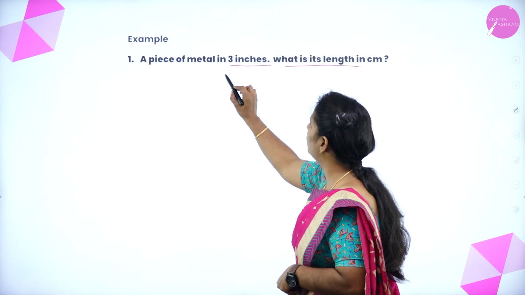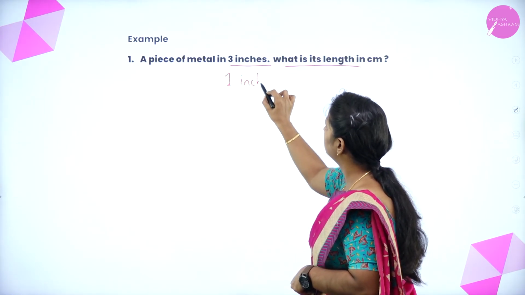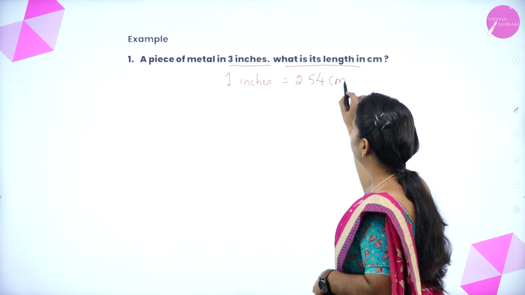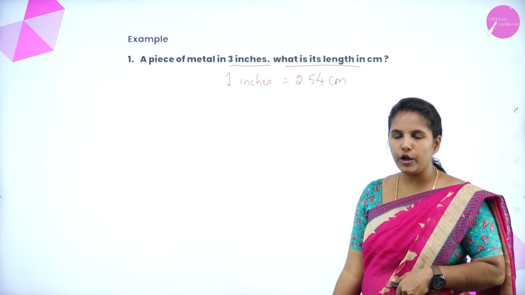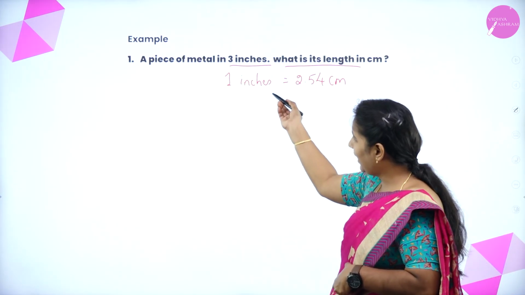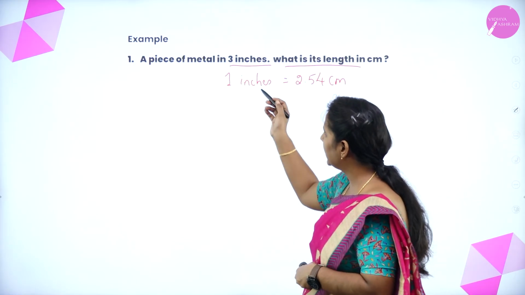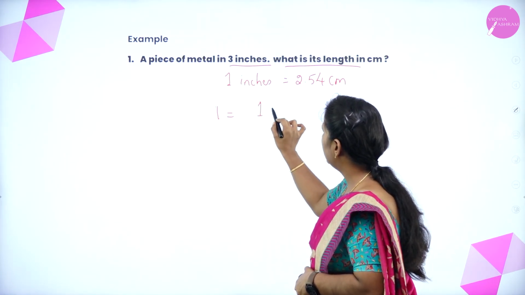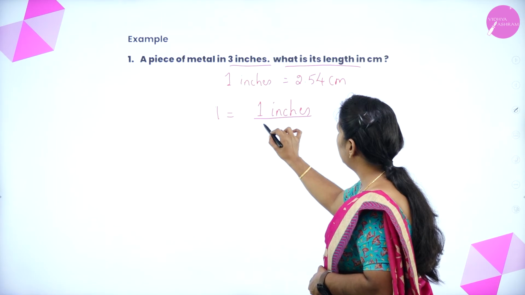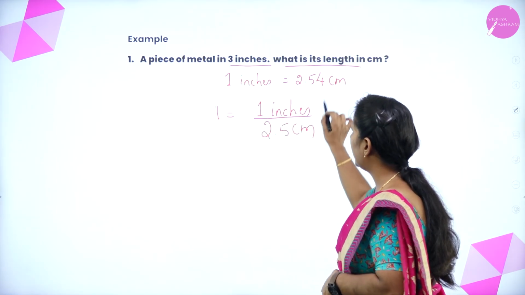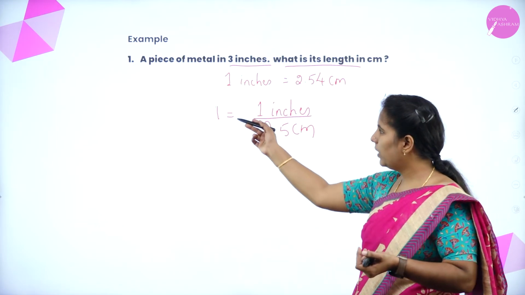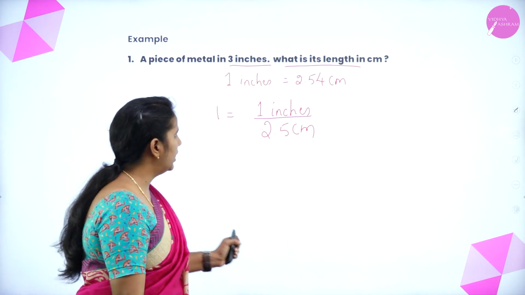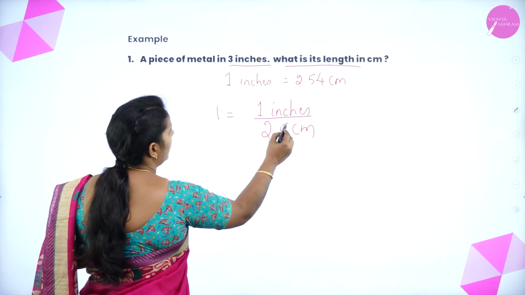We all know that 1 inch is equal to 2.54 centimeter. By writing this equivalence, we can write the above equation as 1 equals 1 inch divided by 2.54 centimeter.